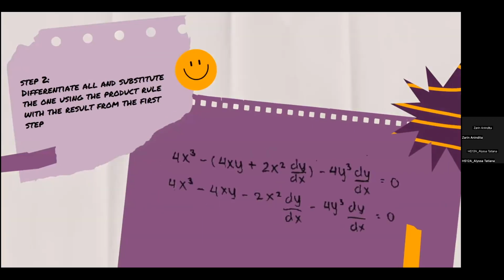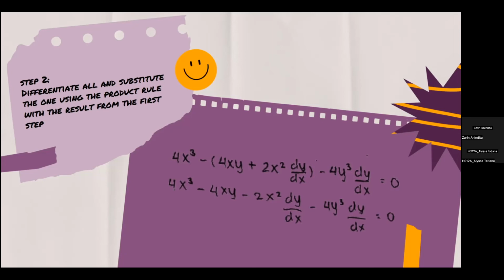Next, we need to differentiate the remaining of the equation and substitute the result of the product rule as well. When we differentiate x to the power of 4, the result is 4x cubed, and the result of the differentiation of y to the power of 4 is 4y cubed dy over dx. We also times it with dy over dx in this part because it is in terms of x.